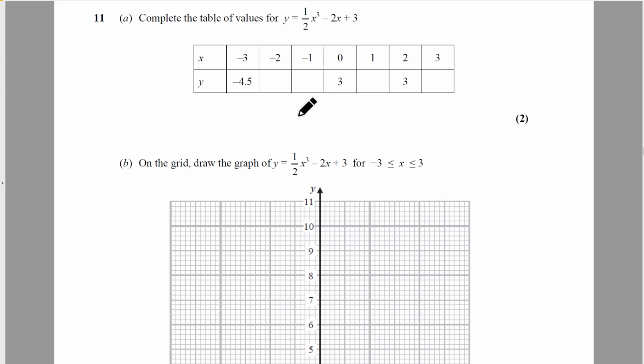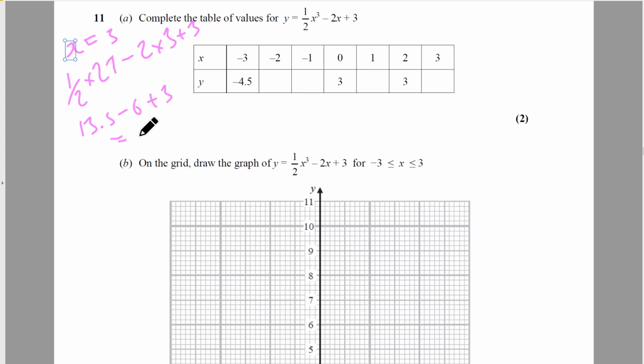So let's start with the positive numbers. I'm going to start with x equals 3. So 3 cubed is 27. So you're going to do a half times 27 minus 2 times 3 plus 3. Half of 27 is 13.5 minus 6 plus 3.